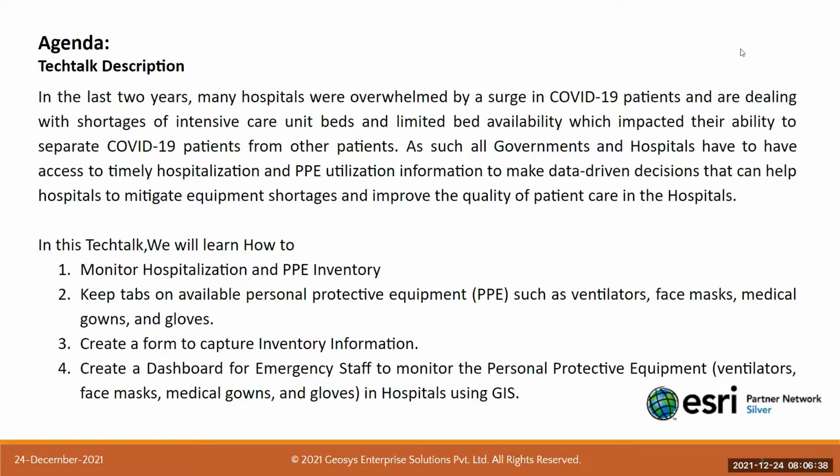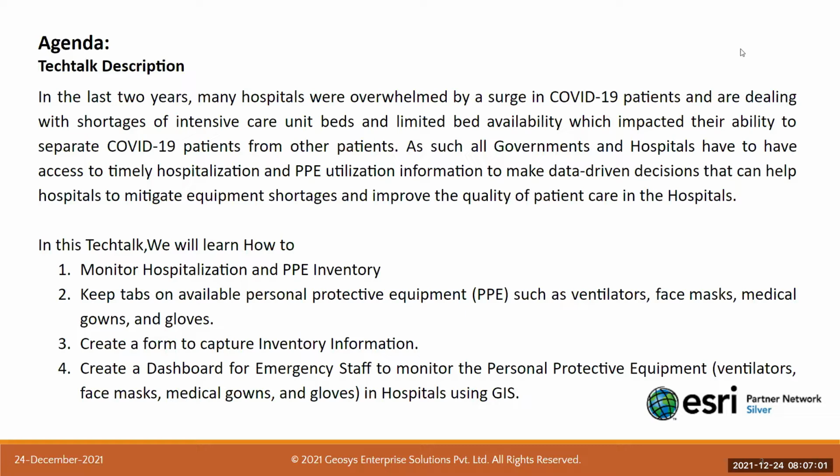The hospital management will be able to know what kind of shortages they have in terms of equipment and personal protective equipment such as ventilators, face masks, medical gowns, gloves, and all. The management will be able to order ahead of time in order to prevent those shortages.